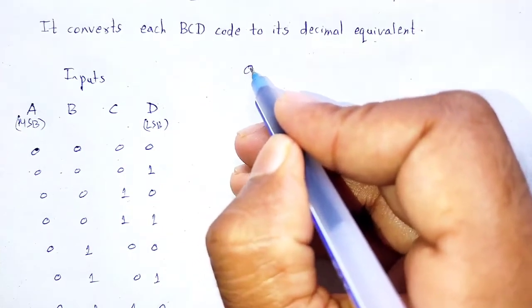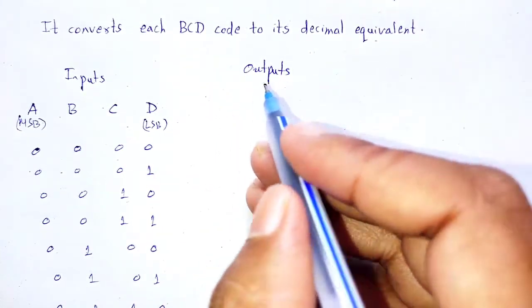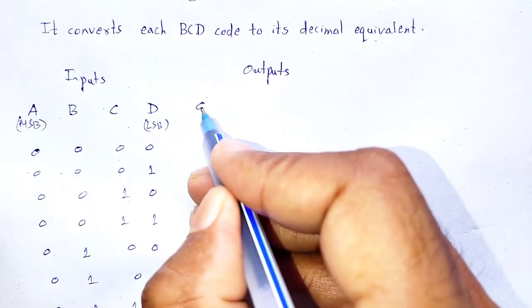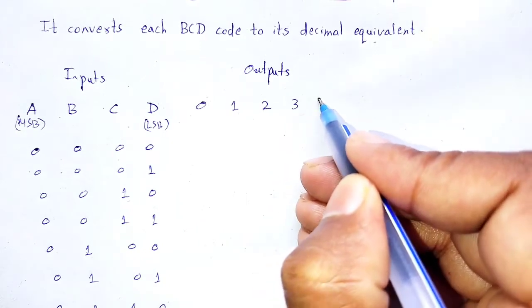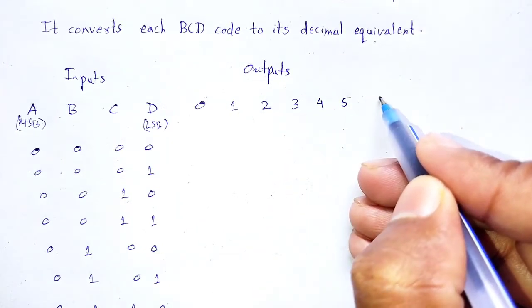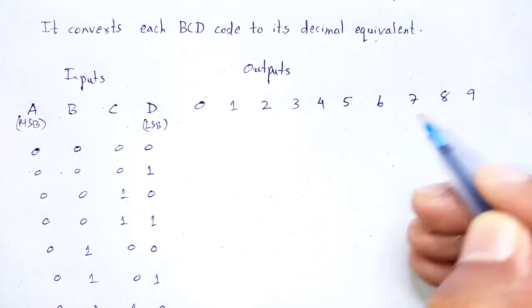And the 10 outputs are 0, 1, 2, 3, 4, 5, 6, 7, 8, 9.